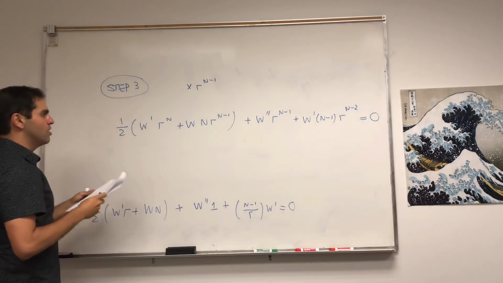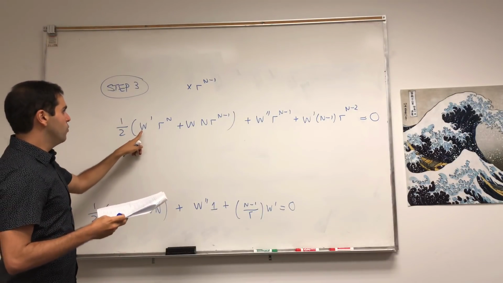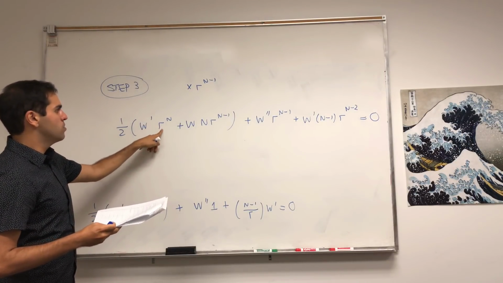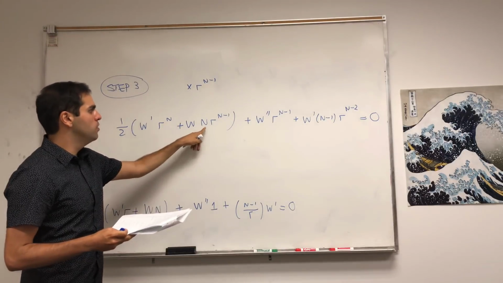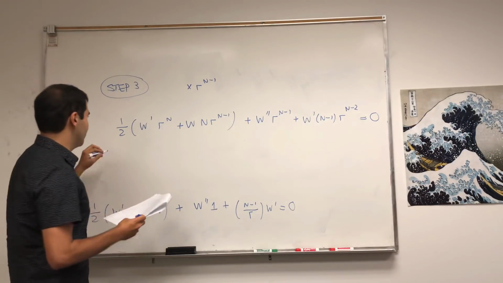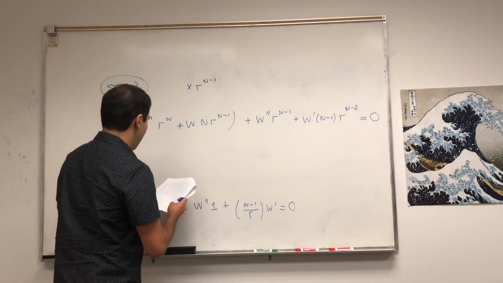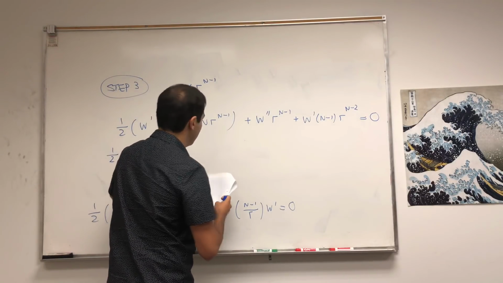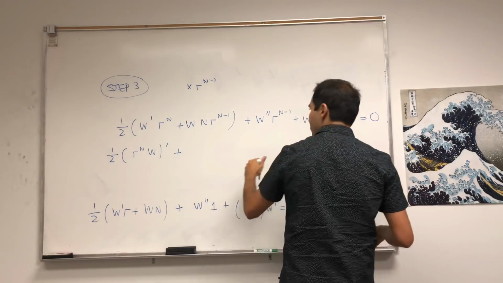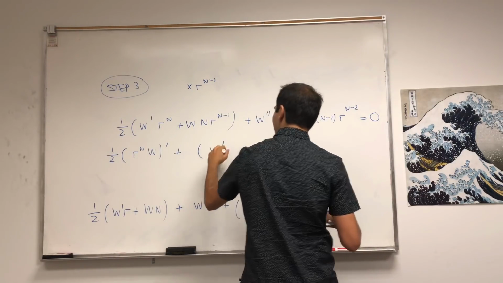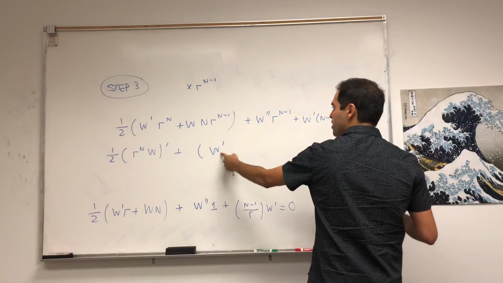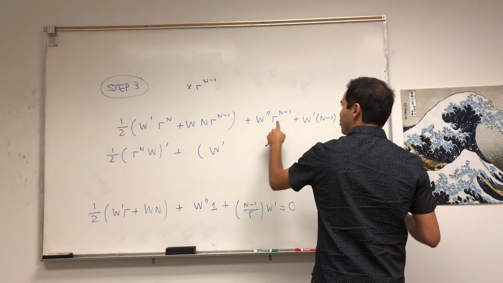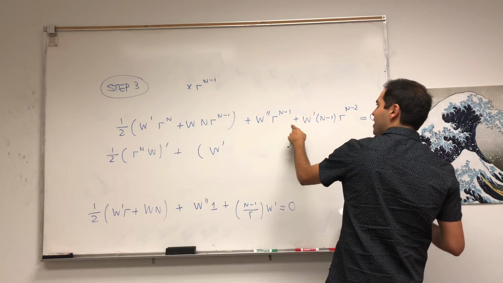That's precisely the product rule. Namely, we get W prime times R to the n plus W times the derivative of R to the n. So 1/2 R to the n W prime. And here it's the same thing, but with W prime. So we differentiate W prime, you don't differentiate R to the n minus 1.